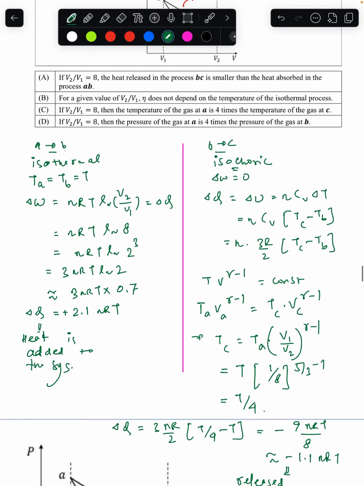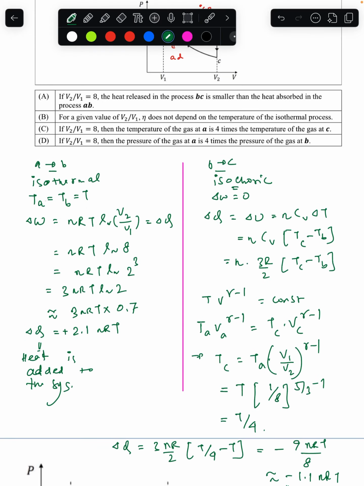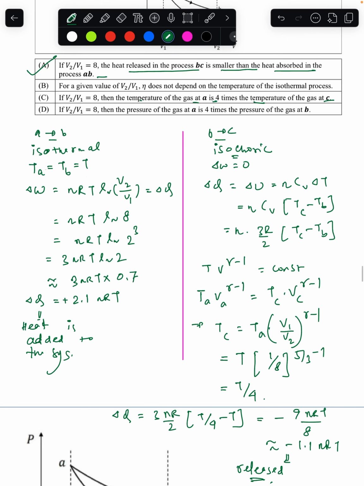They are saying that the heat released in the process BC is smaller than the heat absorbed in the process AB, which is absolutely true. The next is, if V2 by V1 is 8, the temperature of the gas at A is 4 times the temperature of the gas at C. TC is equal to T by 4, so yes, this is also correct.